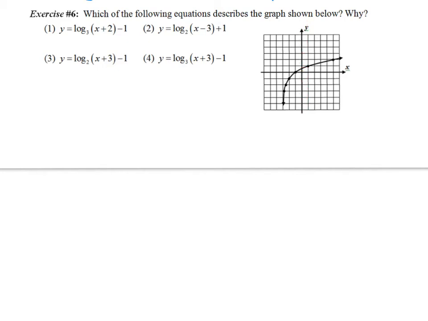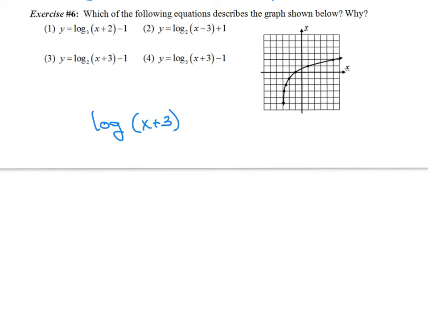But this shows a graph that's going to the left of that y-axis. If we count over, we see that it's going 3 units to the left. So I know that my equation must have a log in it that has an argument of x plus 3 to accommodate for that 3 units to the left.